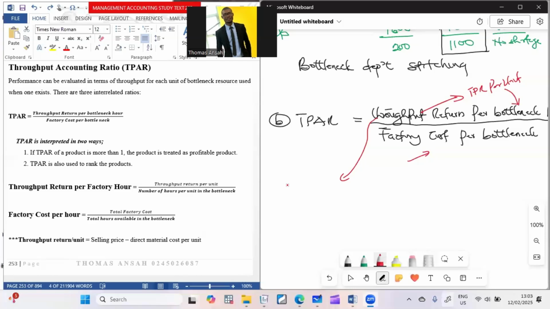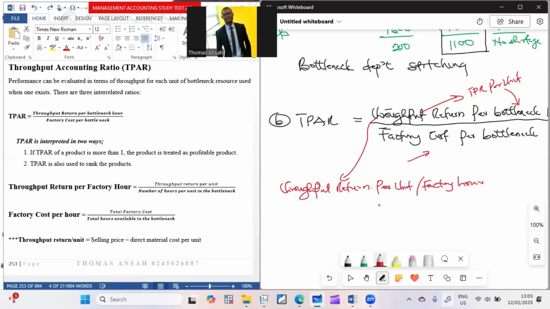All right, so let's go in there and look at that now. If you look at your throughput return, how is it going to be? So the throughput return per factory hour, so it should be per unit per factory hour, or machine hour.